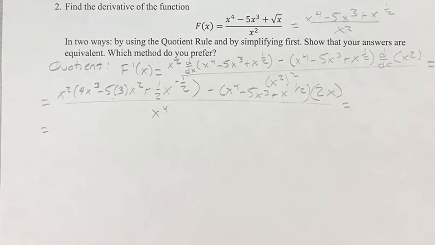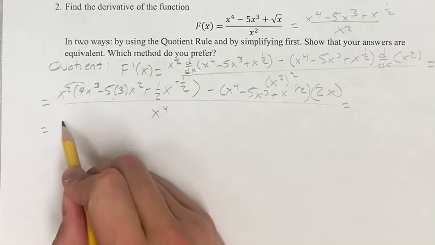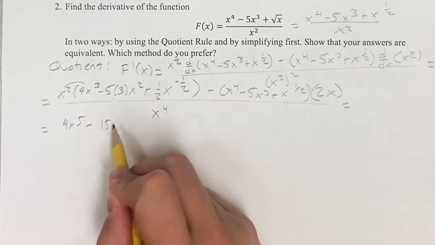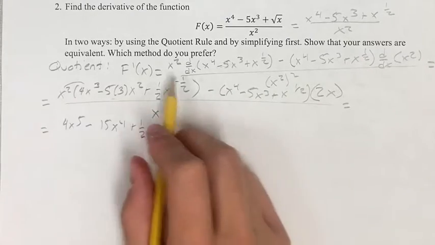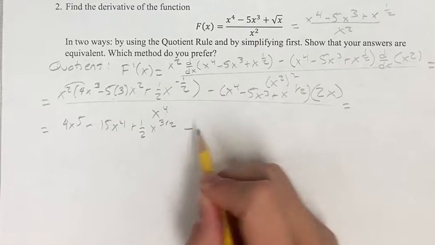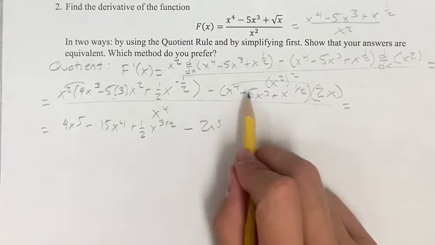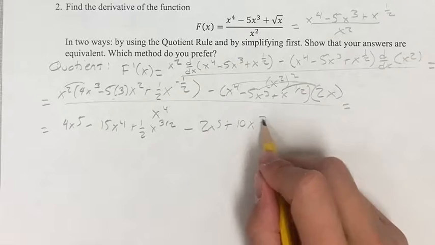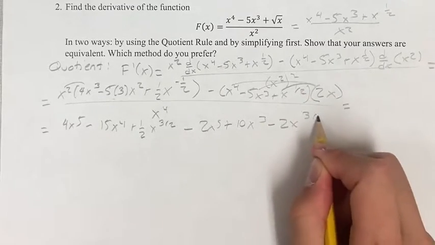And this is going to be, distributing all these things out, we have 4x to the fifth minus 15x to the fourth plus 1/2 x to the 2 minus 1/2, which is x to the 3/2, minus 2x to the fifth plus 10x to the third minus 2x to the 1/2 plus 1, which is 3/2.